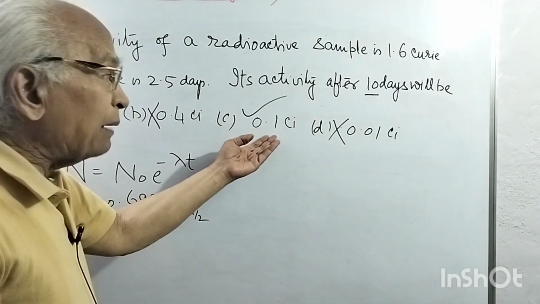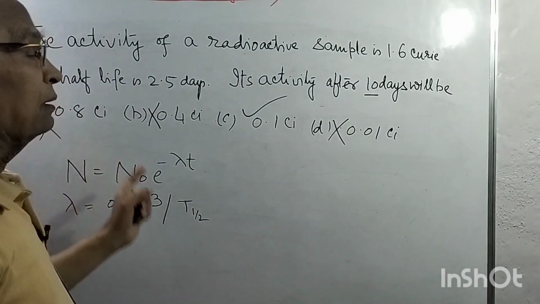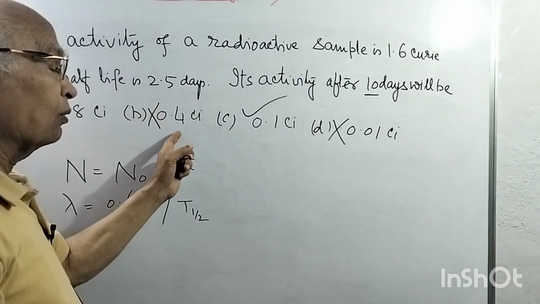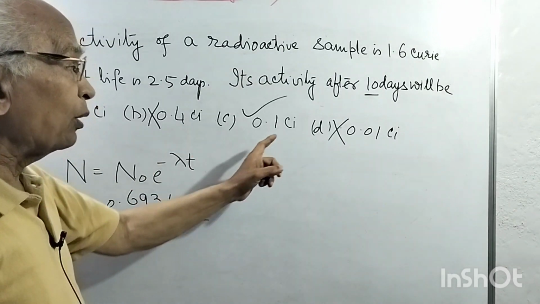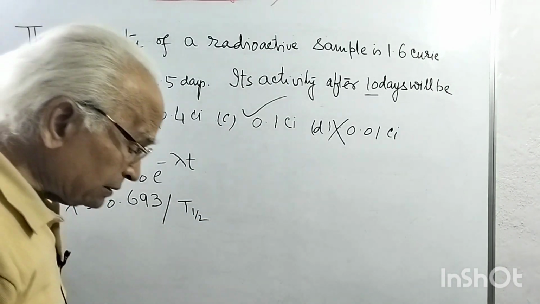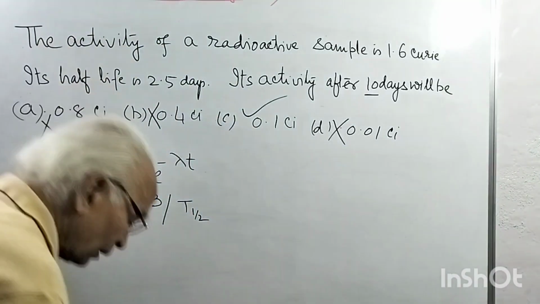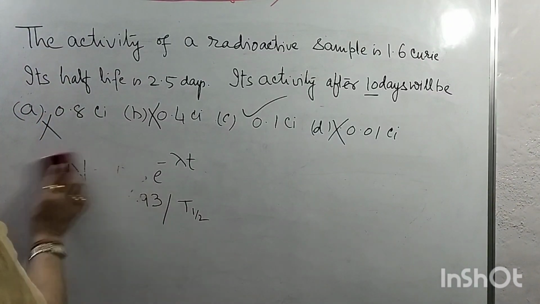It is 4 half-lives, because one half-life, 2.5 days, 0.8; 5 days, 0.4; 7.5 days, 0.2; and then 10 days, 0.1. So simple. I think this is very easy. You can do this question and its solution very easily.